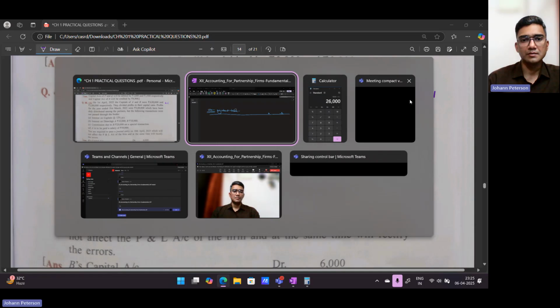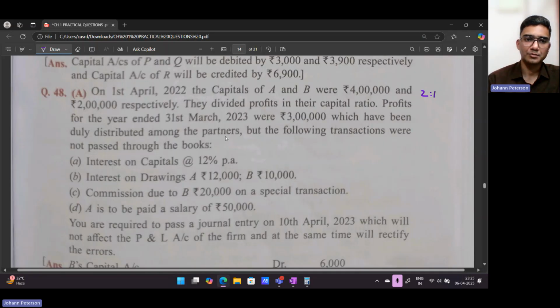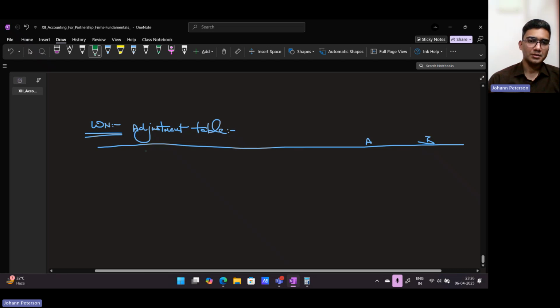So since this is given, we will take it back. So what was the profit that we have given? 3 lakh. The divided profits in the capital ratio. Profits for the year were 3 lakh, which have been duly distributed among the partners. But the following transactions were not passed through the books. Okay. So when we have distributed it, we will take it back.